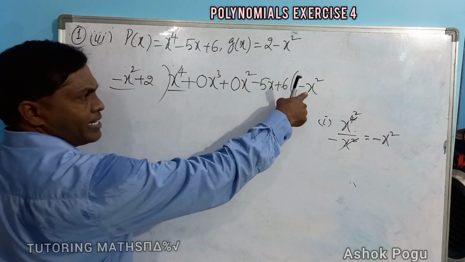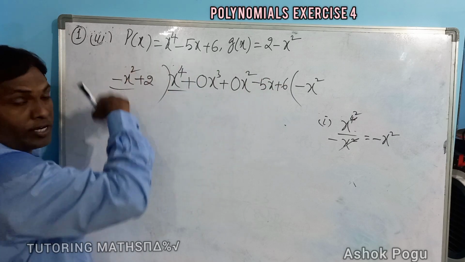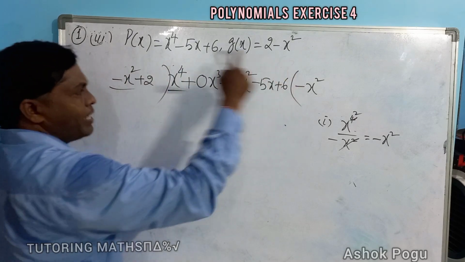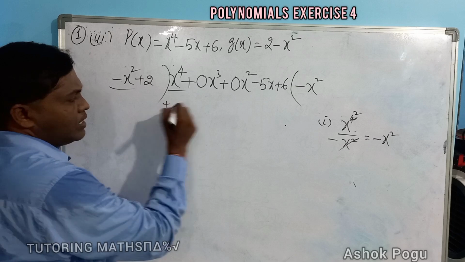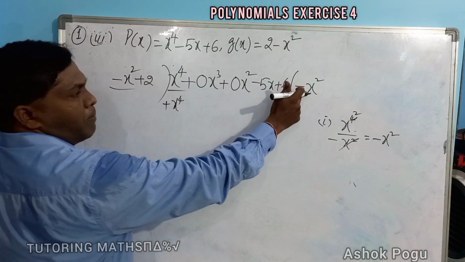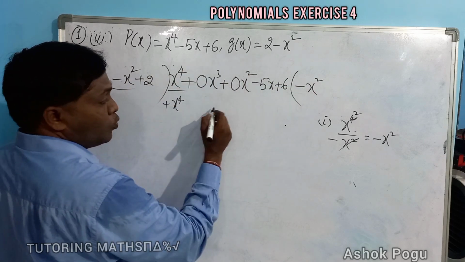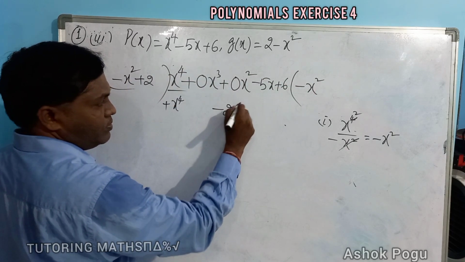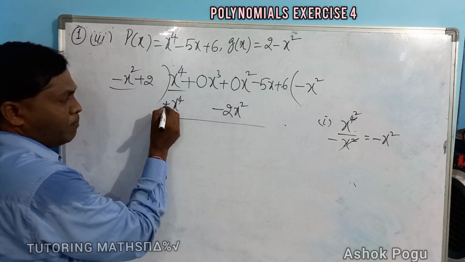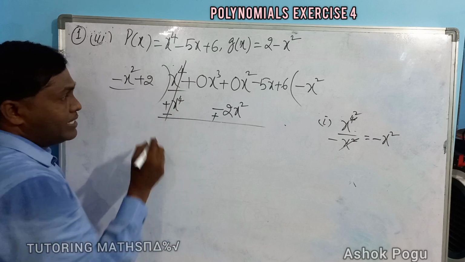This whole minus x square should be multiplied by the whole polynomial, one by one. Minus into minus plus, x square into x square, x to the power of 4. Minus into plus minus 2 into x square, 2x square. Minus 2x square. Plus becomes minus, minus becomes plus, and this gets cancelled.